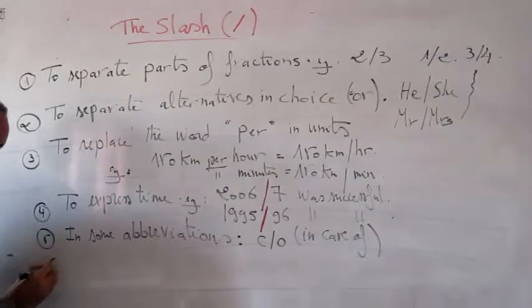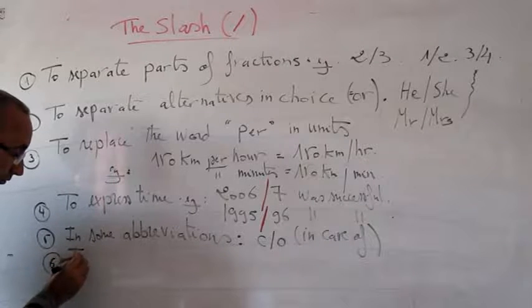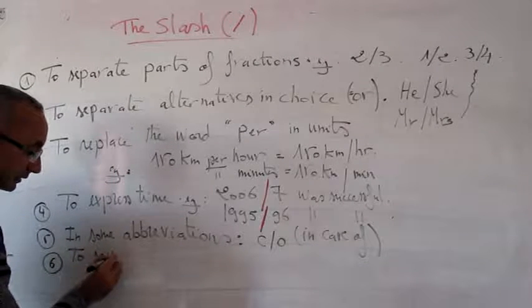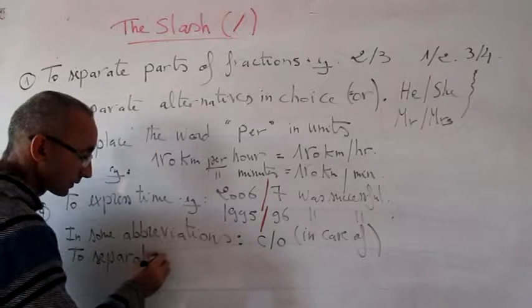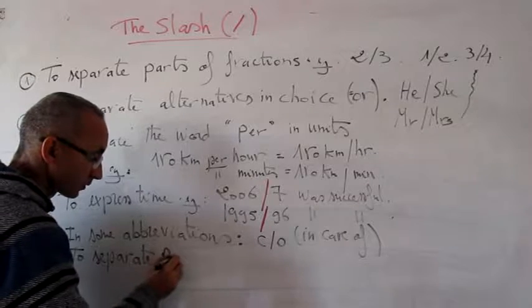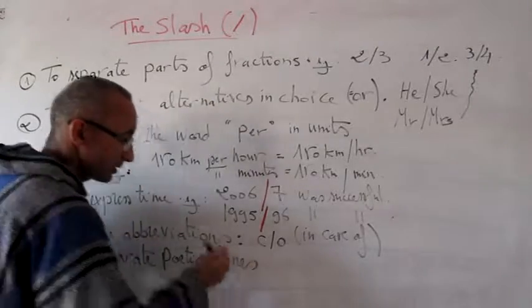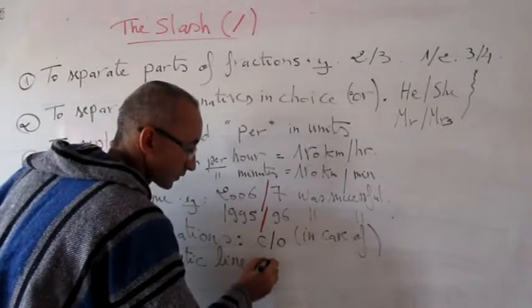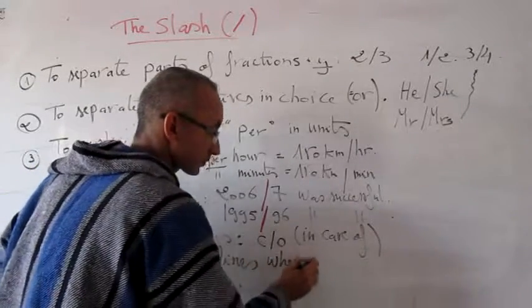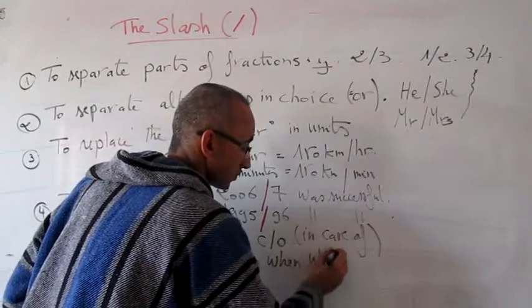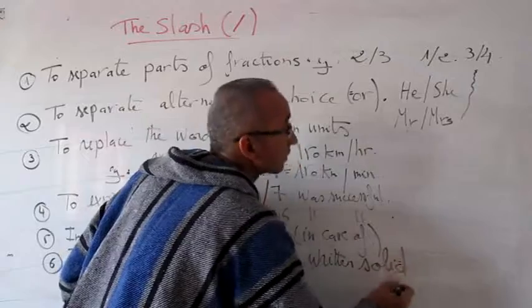And number 6, the 6th use, we have to separate poetic lines when written solid, it means on the same line.